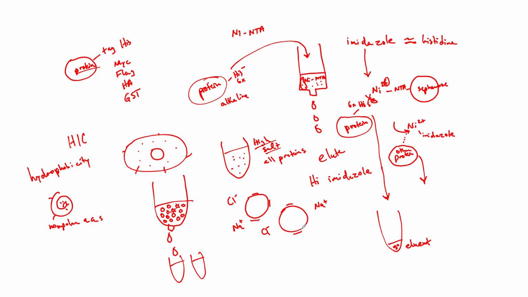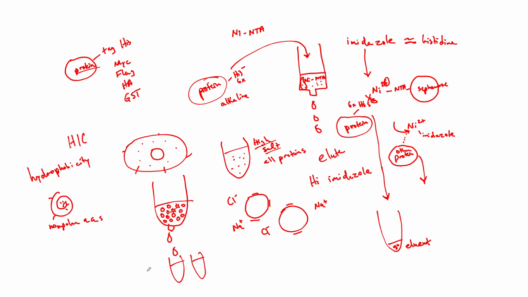Those that have fewer hydrophobic patches will be released first, and you can collect them into one tube, and those that have more hydrophobic patches will be released next, and you collect those in a second tube. And then the ones that are most hydrophobic will be released when you add pretty much pure water. They'll be released from the hydrophobic column and then flow out into another tube.